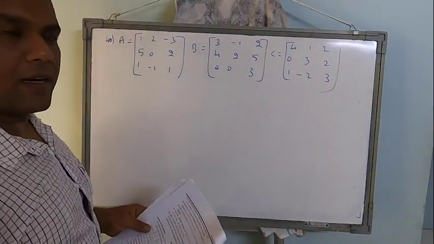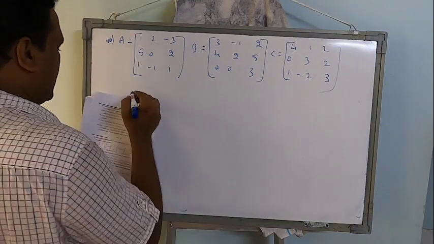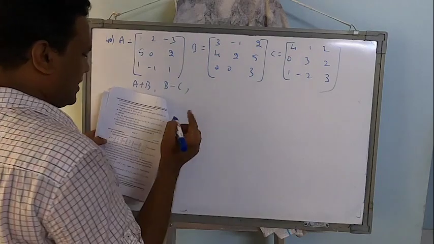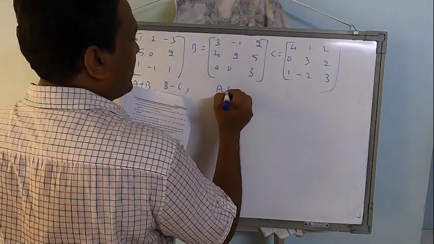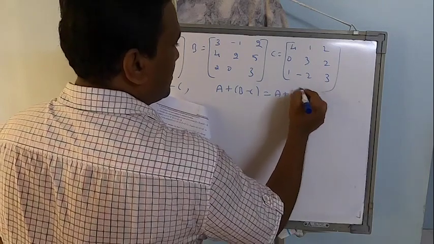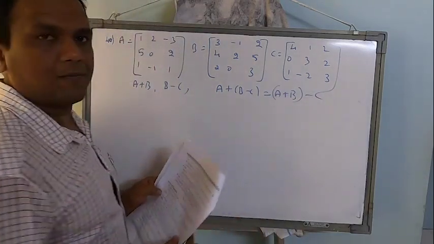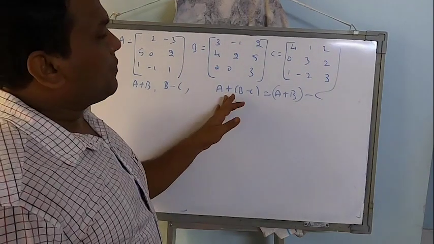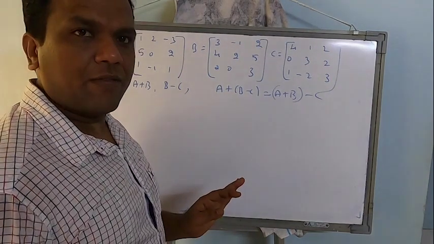By giving these 3 matrices, you have been asked to compute A plus B, then find B minus C, also verify A plus of B minus C equals A plus B minus C. So first we will find LHS and RHS separately and we will verify the condition.